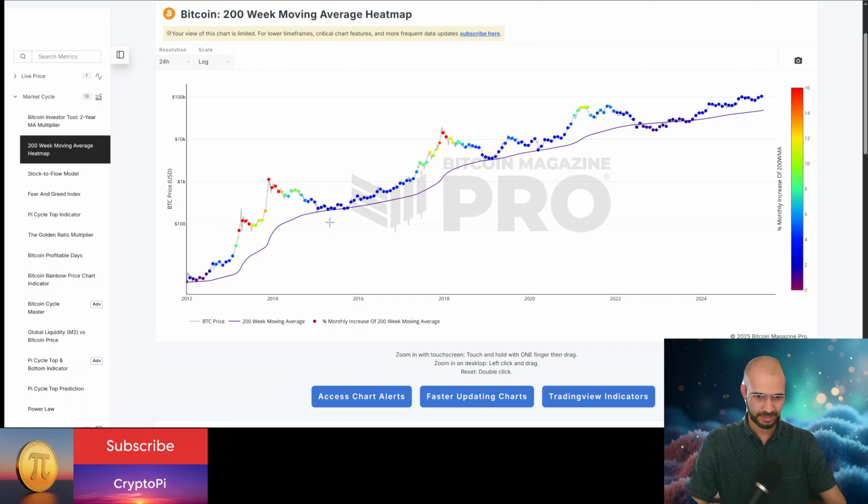Now over here, 200-week moving average acts as the support, and what you see here are the color-coded price actions. So whenever the price reaches the red indication, it is quite overbought, and there is a good chance for Bitcoin to have a reversal. But as you see here, no indicator is perfect, but they are pretty helpful here.